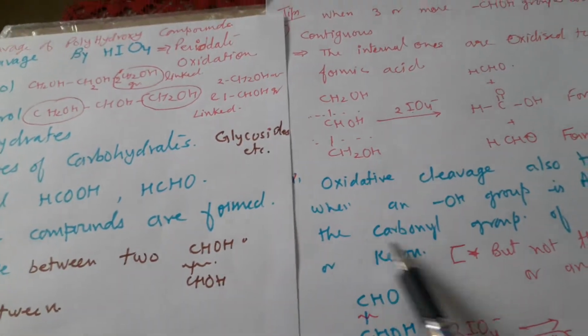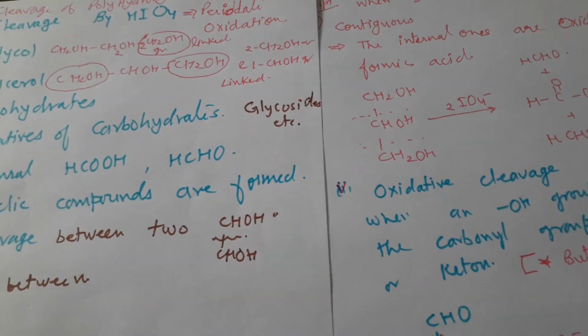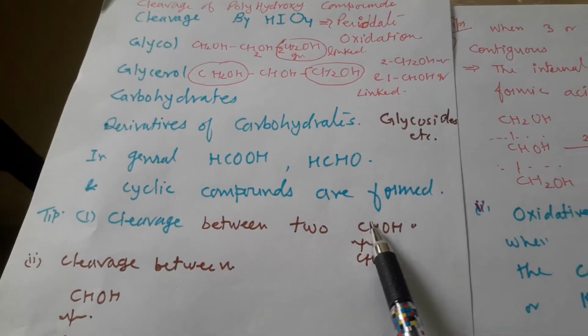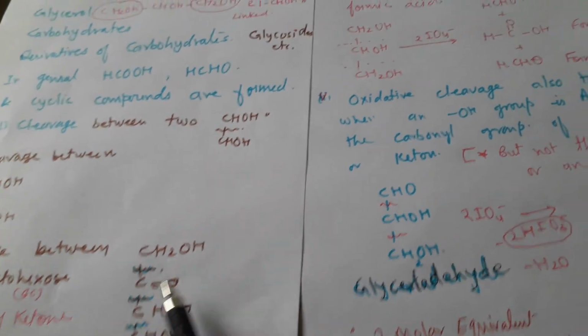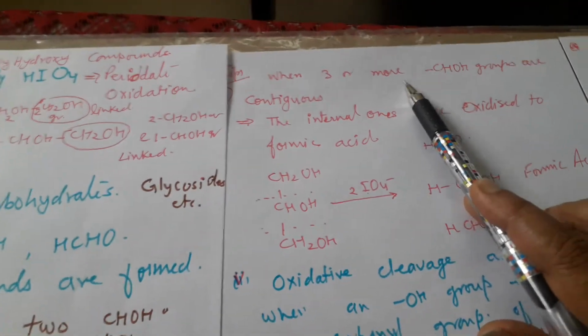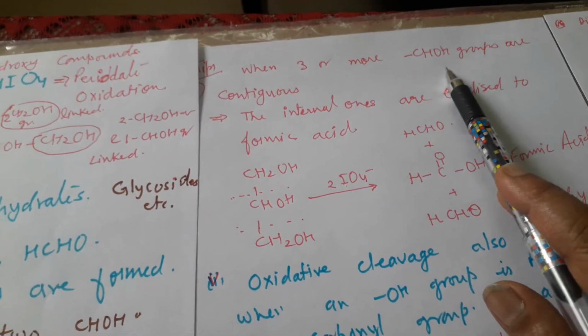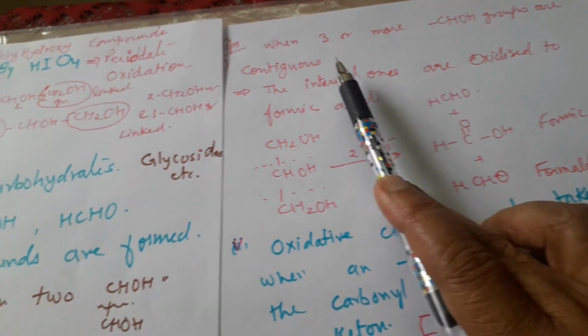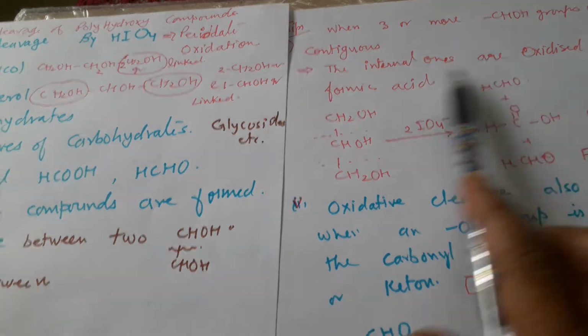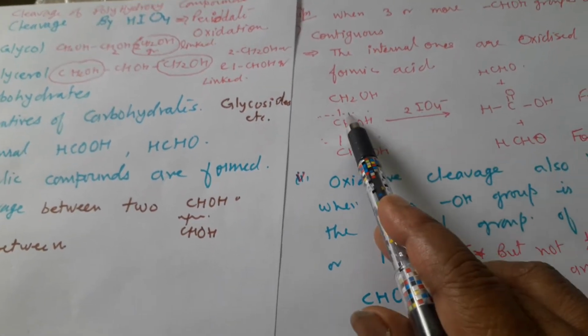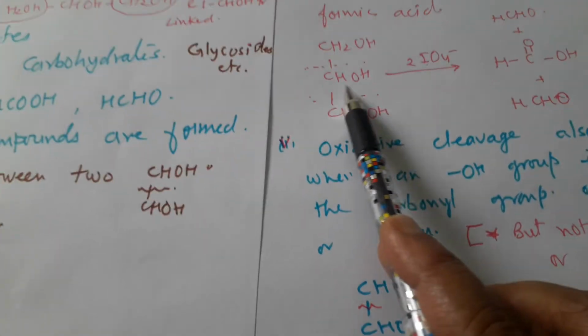So there are a few tips, as I told you: cleavage between CHOH groups occurs, CH2OH occurs, and hexose occurs. Now when 2 or 3 or more than 3 CHOH groups are contiguous, meaning they are just one after another, the internal ones are oxidized to formic acid. See here, this CHOH is the internal one.